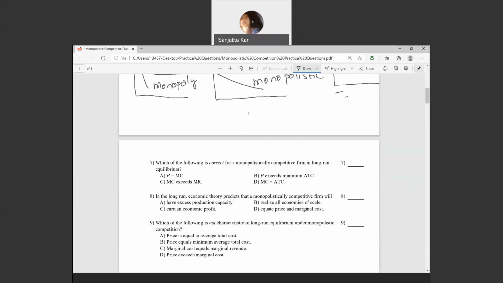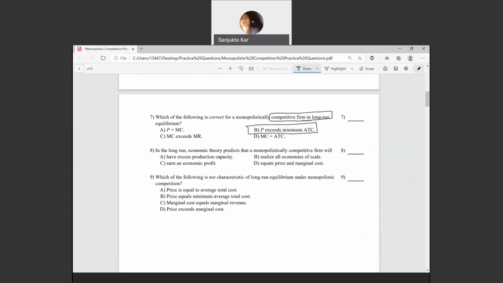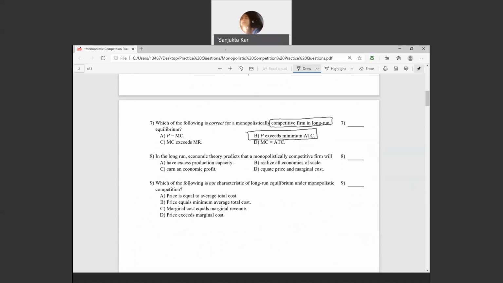All right, going to question number 7. Which of the following is true for a monopolistically competitive firm in the long run? This will be price greater than minimum average total cost, unlike the perfectly competitive market structure in the long run. Question number 8. In the long run, economic theory predicts that a monopolistically competitive firm will have excess production capacity.